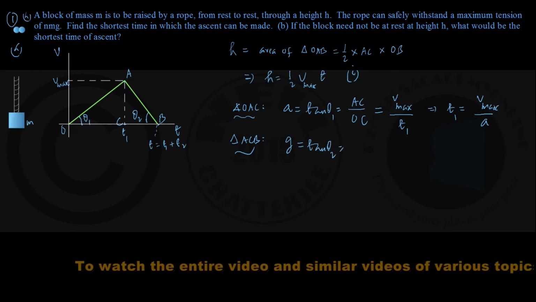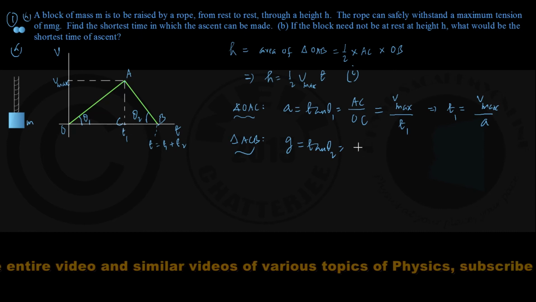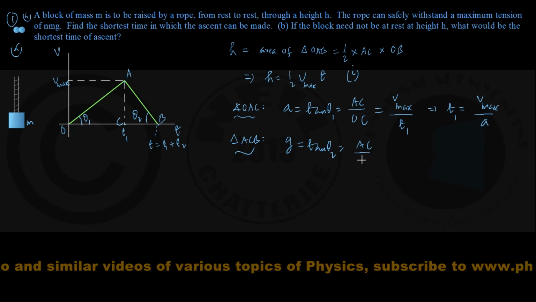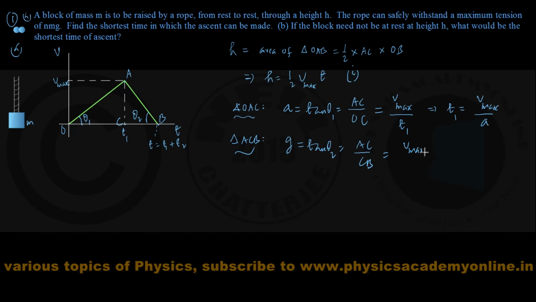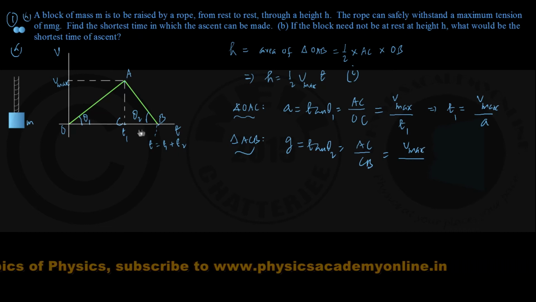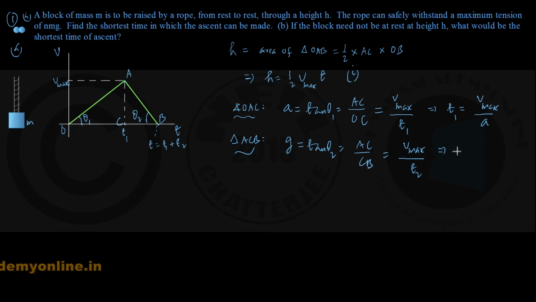Once again, in the triangle, tan theta 2 is perpendicular by base, that is AC by CB. And AC is equal to Vmax. The length CB represents the time of decelerated journey that was taken to be T2 here. So it is Vmax divided by T2. And from here, a little bit of rearrangement gives me T2 is equal to Vmax by g.